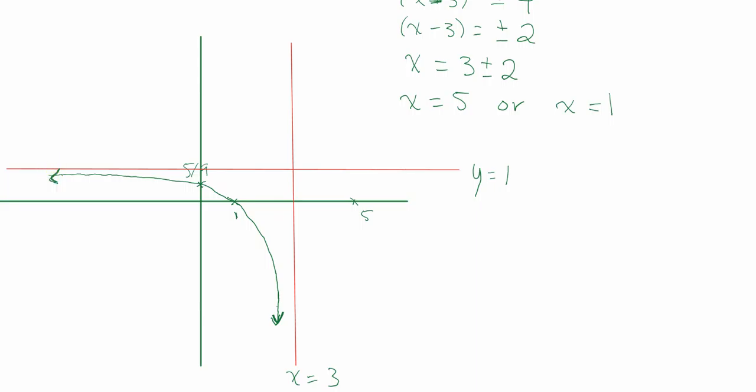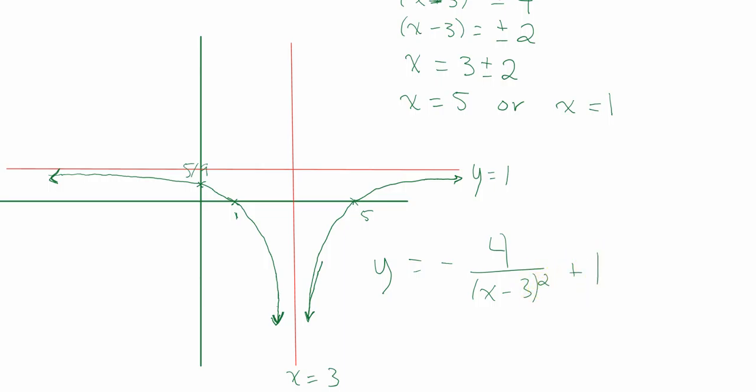Okay, we always want to have our graph going towards our asymptote, and we want this to be as symmetrical as possible. And there we go, I've got my graph. So I've got it going through my x-intercepts, my y-intercept, and according to my asymptotes. Okay, so this is the graph y equals negative 4 over x minus 3 squared plus 1.